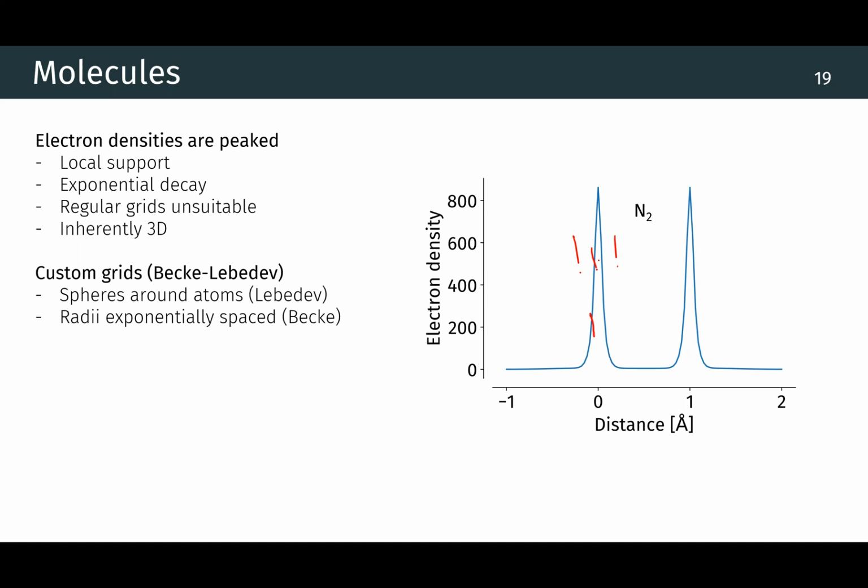Because this exponential decay that you see here is conceptually similar for all nuclei. That's behind the Kato cusp theorem, which tells us that it's an exponential decay, which just depends on the nuclear charge.